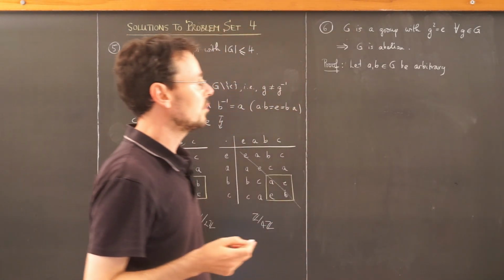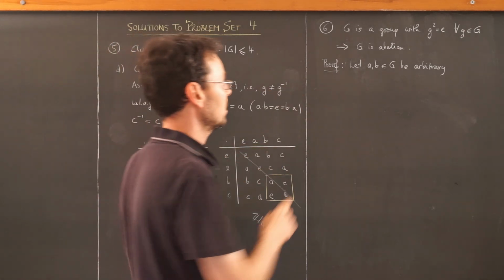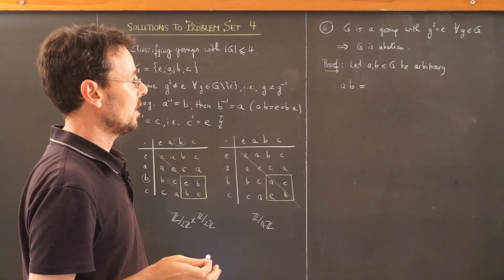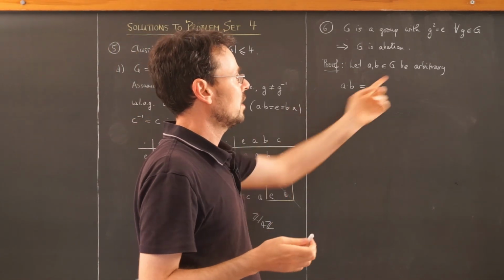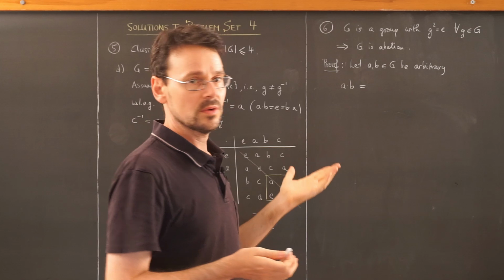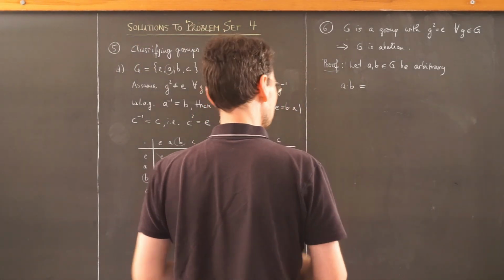We take two arbitrary elements of G and then we show that AB is the same as BA. Okay, the only thing we can use is actually this relation which holds for all elements. So let's try the following.